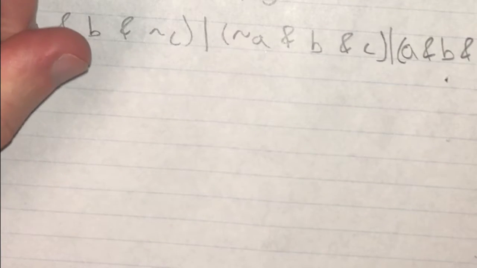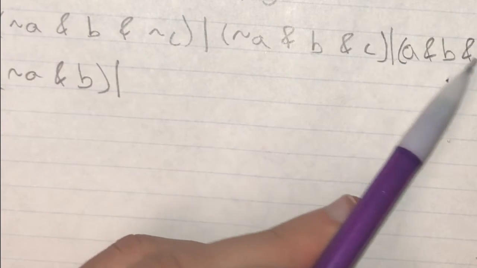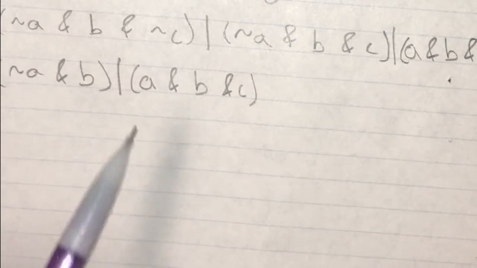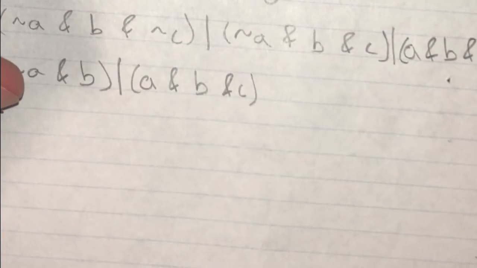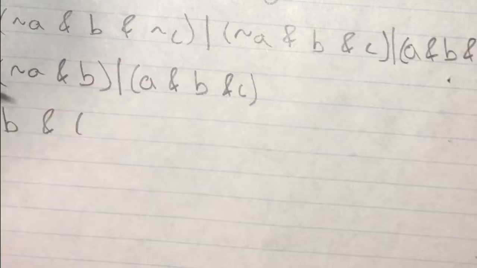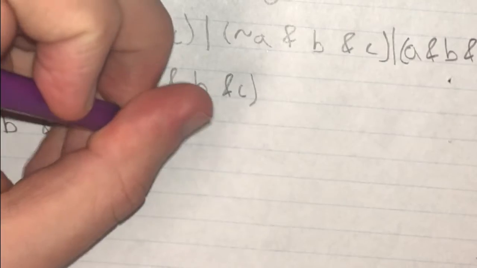So we have not A and B, or A and B and C. Now this can be simplified to B and not A, or A and C.